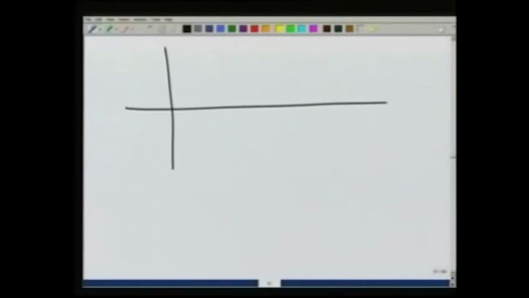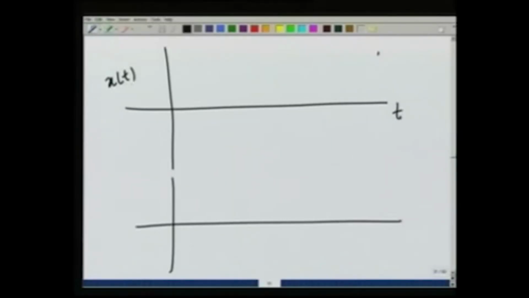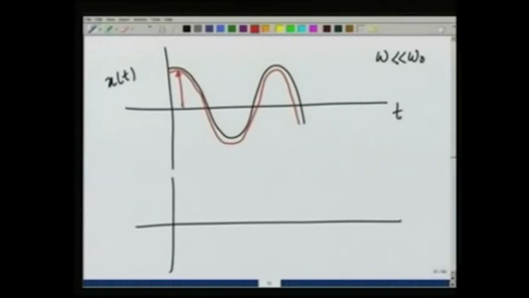So, let us see how the displacement and force are in relation with each other at different frequencies. This is time, and x of t. Let us say this is omega much less than omega 0. The force is like this, and in this case the displacement will also be following roughly the same graph. I have not shown the amplitude correctly, only the relative phases.